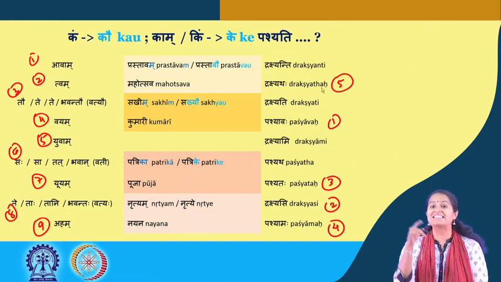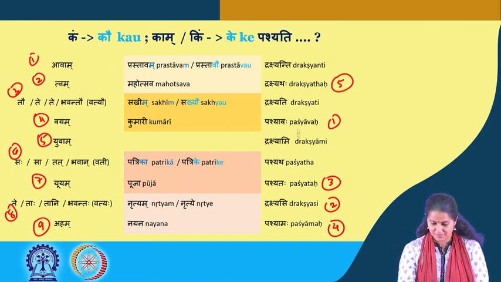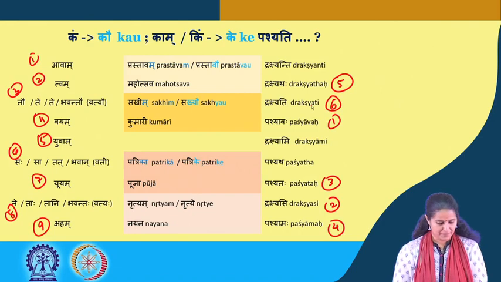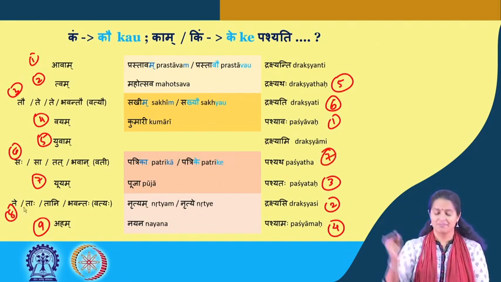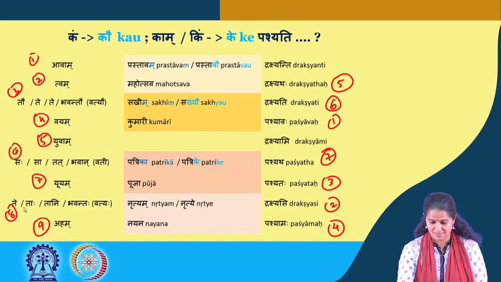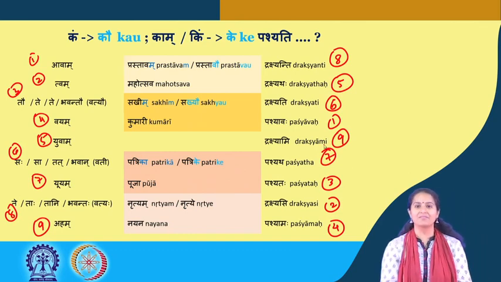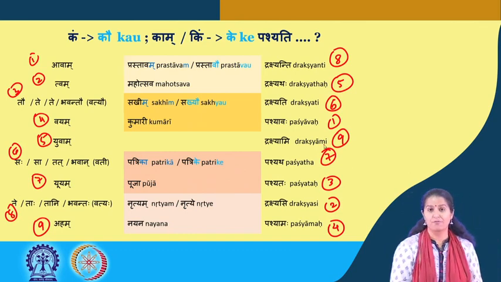Then saha will go with drakshati. Yuyam will go with pashyatha. Te will go with drakshanti, and finally aham drakshyami. Okay, now that we have that, let's fill in the different forms here.